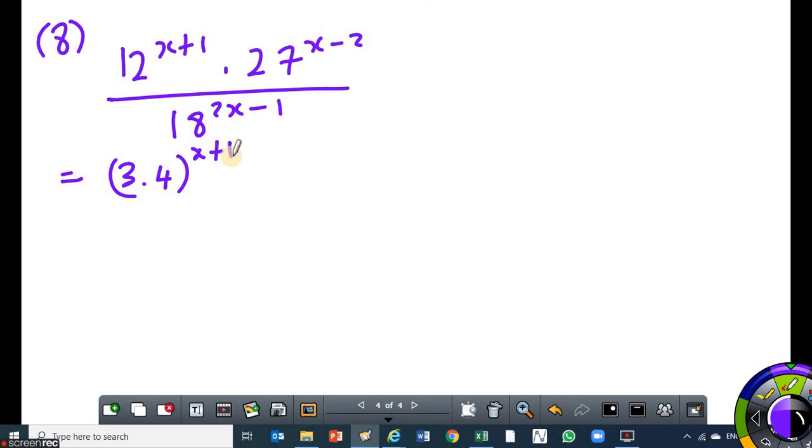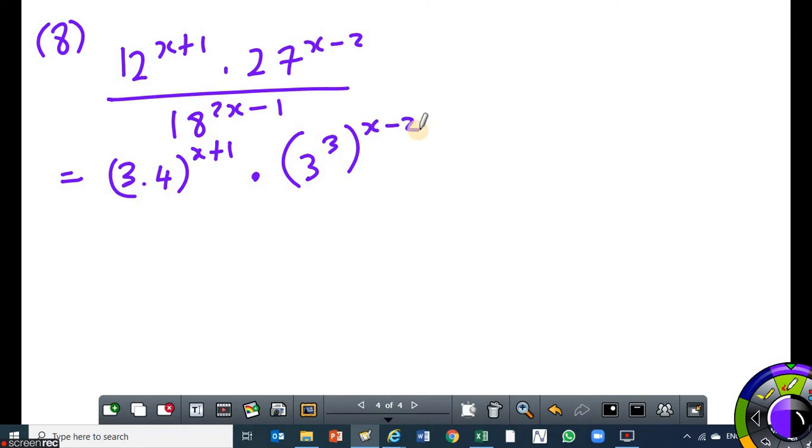I don't want to rush to write 3 times 2 squared, so someone might get confused. So I want to do step by step. Times 27, you should all know that it's equal to 3 cubed. Put that in bracket, the exponent is x minus 2.